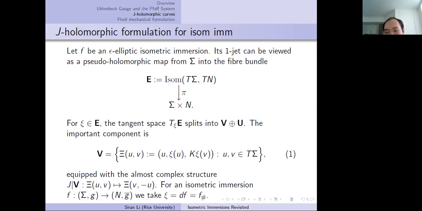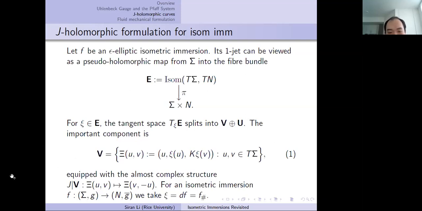By definition, a map is pseudo-holomorphic if the exterior derivative of that map intertwines the two almost complex structures. The tangent space of my E bundle splits into two parts. The important component, I call it V, consists of the map sending two vectors, u and v, to a three-vector, so to u, sigma u, and k times c v.